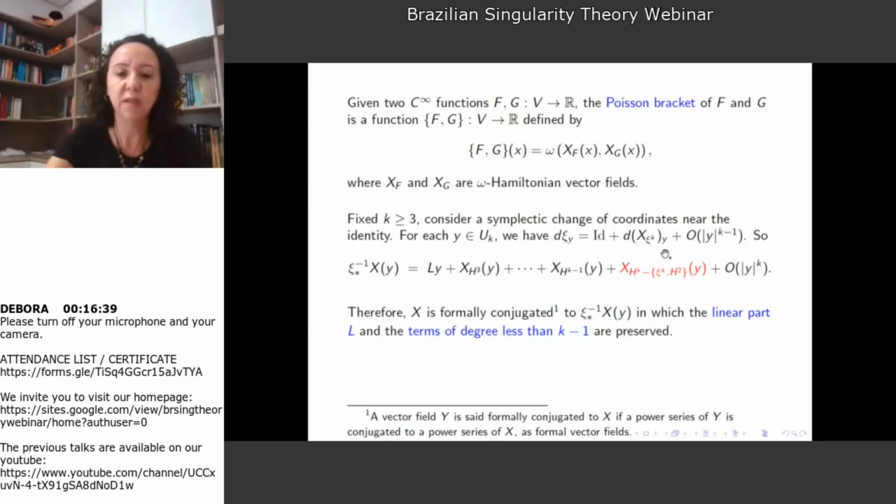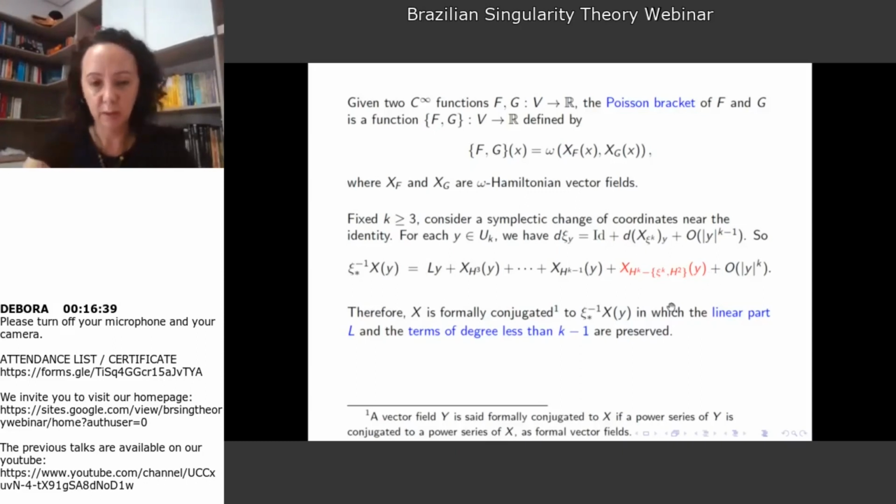identity plus the differential of the Hamiltonian function associated to Ck. The new Hamiltonian vector field is formally conjugated to X, in which the linear part and all terms of degree k minus 1 are preserved. And what happens to the degree k?